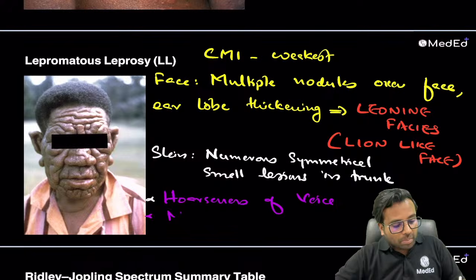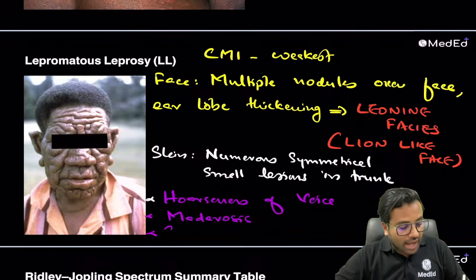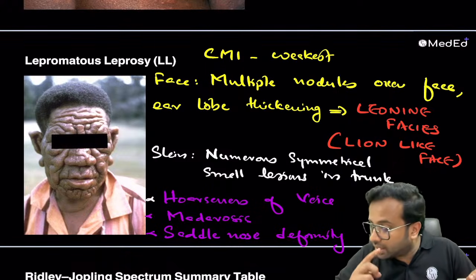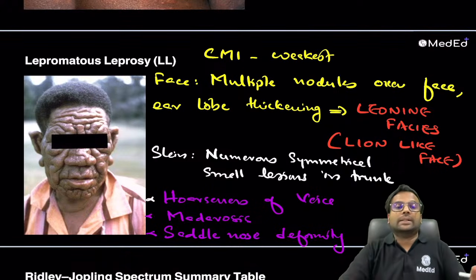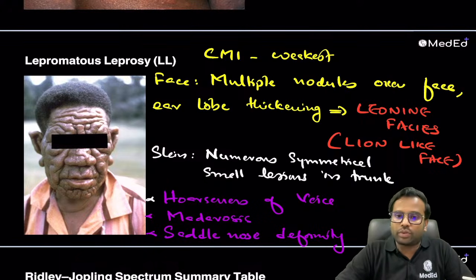This is called as madarosis. The nose of the patient would have a saddle nose deformity, etc. So these are the different types of presentation that you can see in a lepromatous type of leprosy.